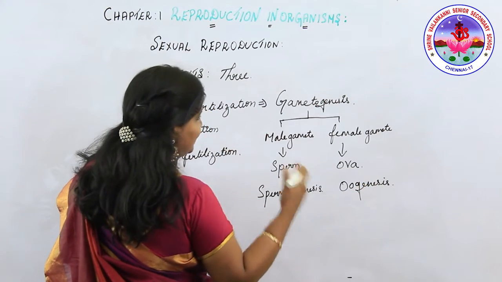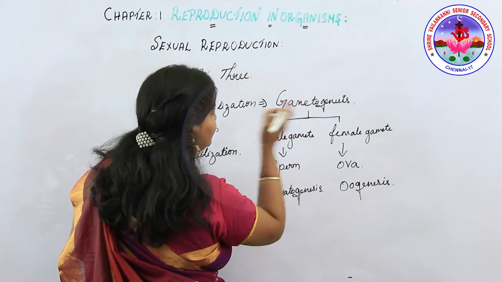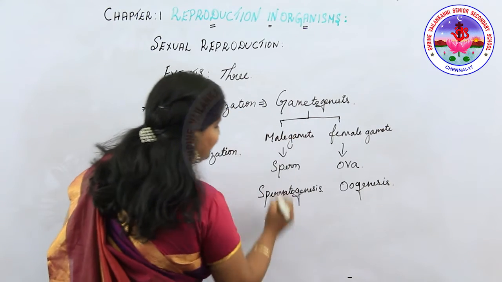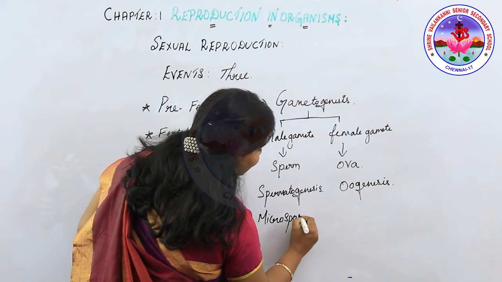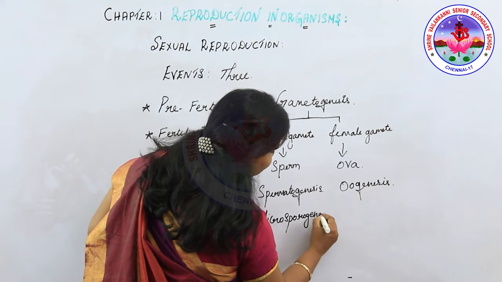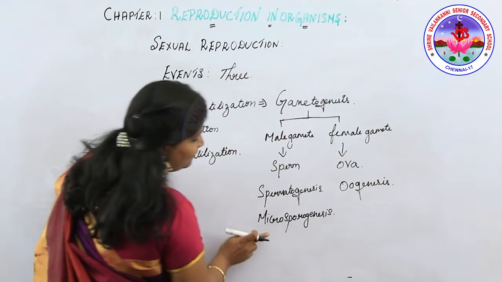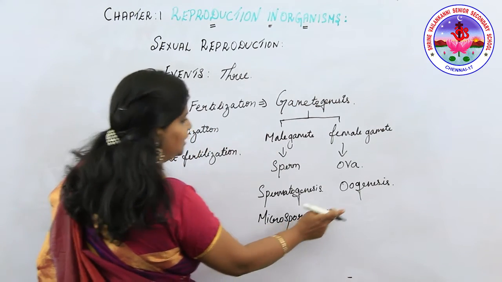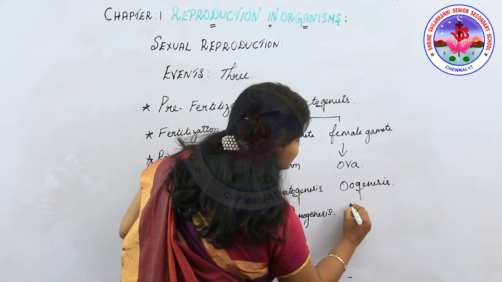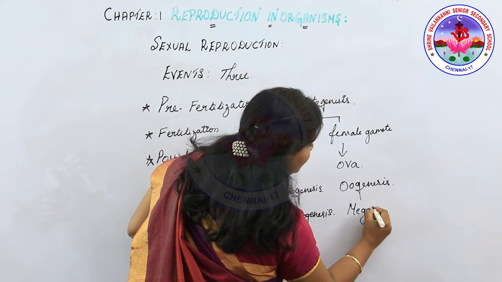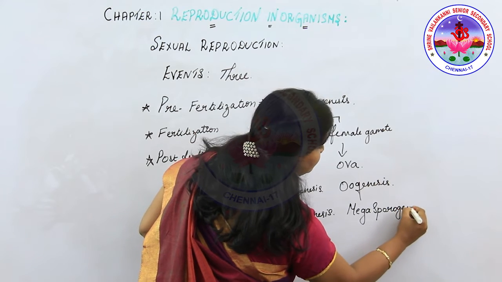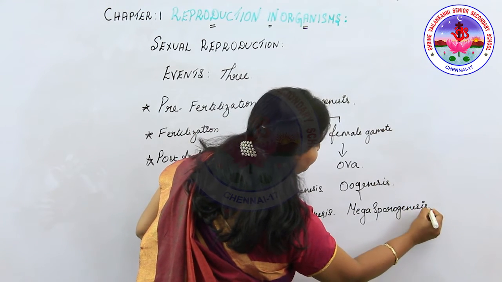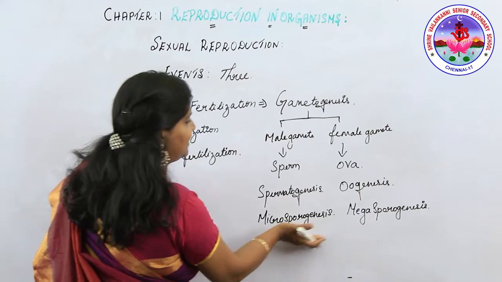When you study the reproductive part in the flowering plant, for the male gamete we study the process called microsporogenesis. I repeat, microsporogenesis.